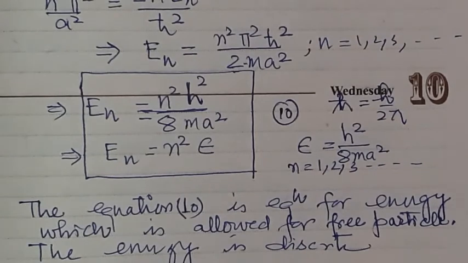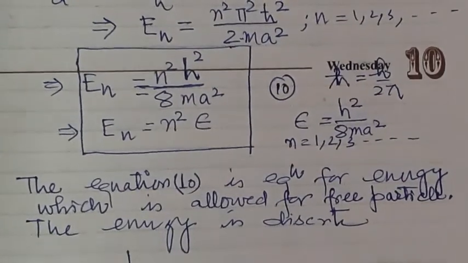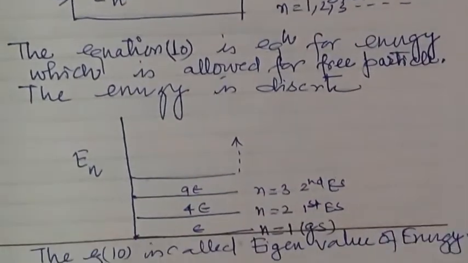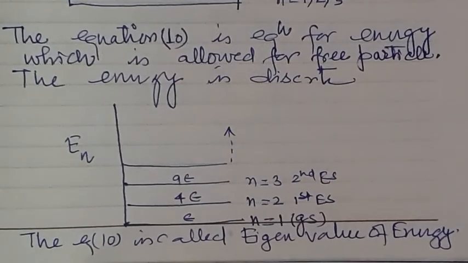If we plot graphically for n equal to 1, n equal to 2, and n equal to 3, we get a certain graphical representation. Remember, in this problem the lowest value of n should be 1. So we have a corresponding state or level that is known as the ground state.